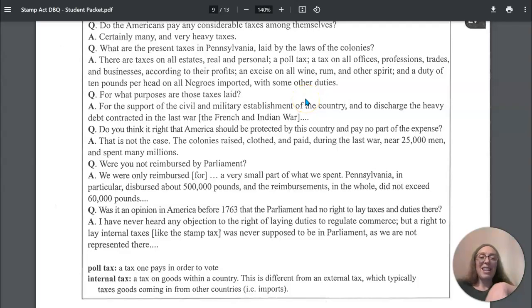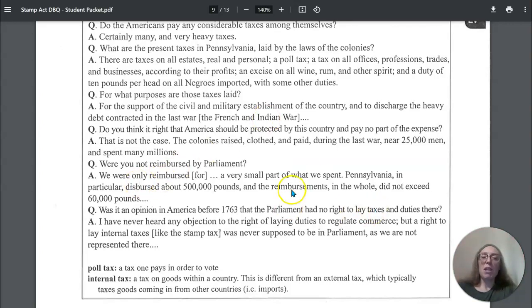The place that I see that argument against the colonists having to pay is here in document D, where Benjamin Franklin talks about the fact that, look, the colonies already spent money on the war and they didn't get paid back all the way.